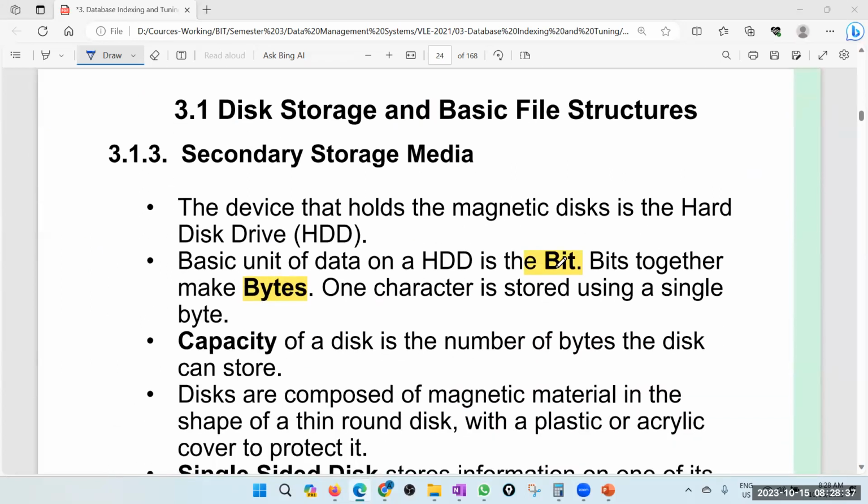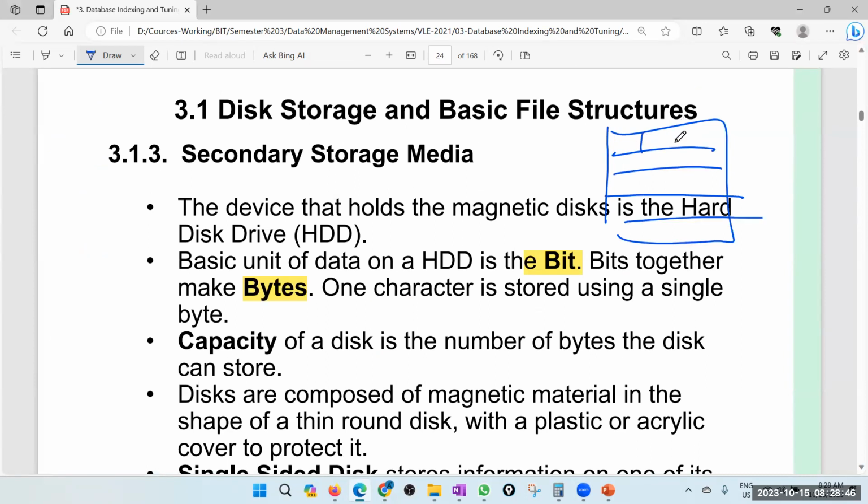I already explained that. When it comes to physical storage, we have a file consisting of records, and each record can consist of fields. But in reality, each data is a set of bits and bytes at the very low level.